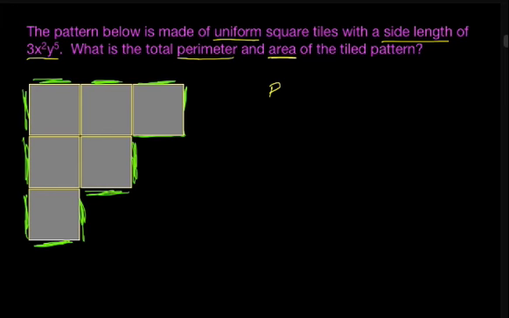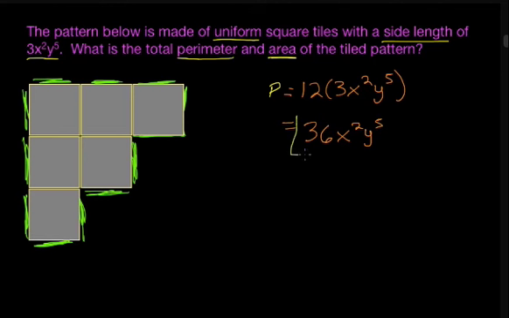So if the length of one of the sides is 3x squared y to the 5th, then the total perimeter is just 12 times the length of one of the sides, 3x squared y to the 5th. And so this should be pretty simple. All we have to do is multiply 12 by 3, which is going to be 36 x squared y to the 5th. And that gives us the perimeter of the entire figure.